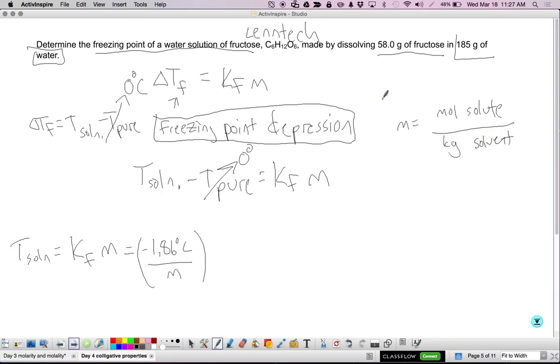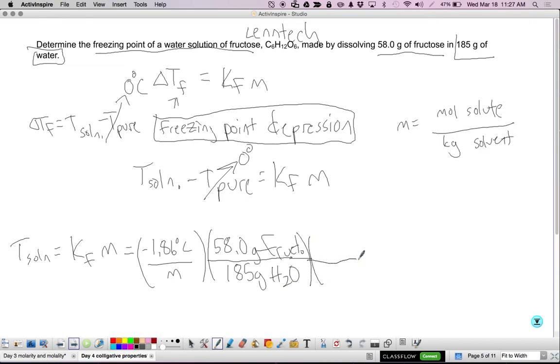So what I want is moles of fructose over kilograms solvent. So all I have to do is start out with my 58.0 grams of fructose over my 185 grams of water.